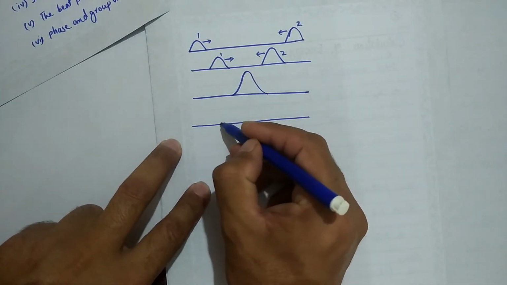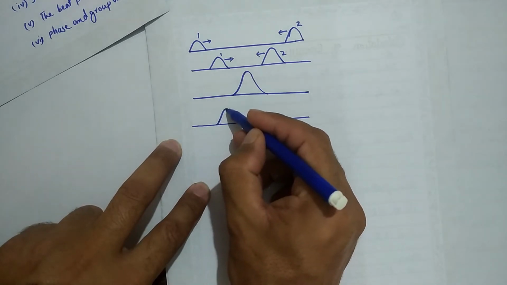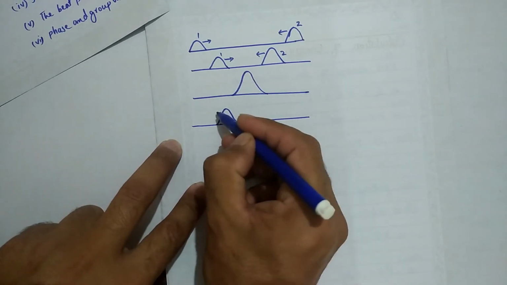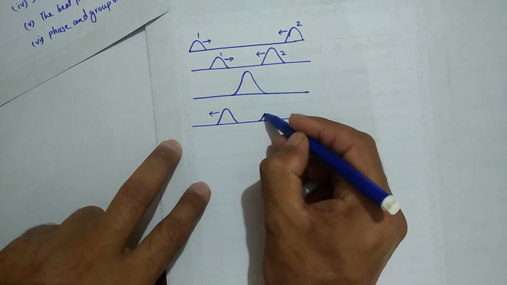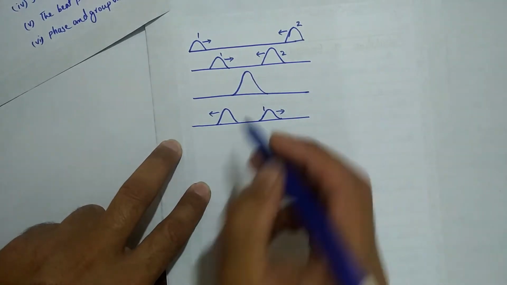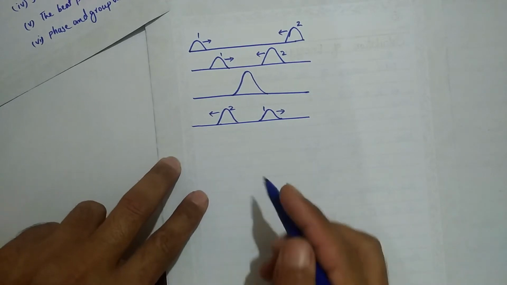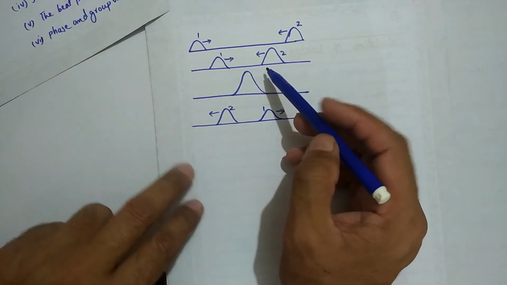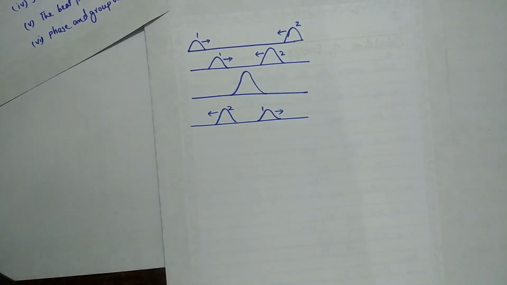After passing through that superposition point, they will move forward as if nothing has happened. This is now the first one, this is the second one. Here we consider that the two pulses are in the same phase.